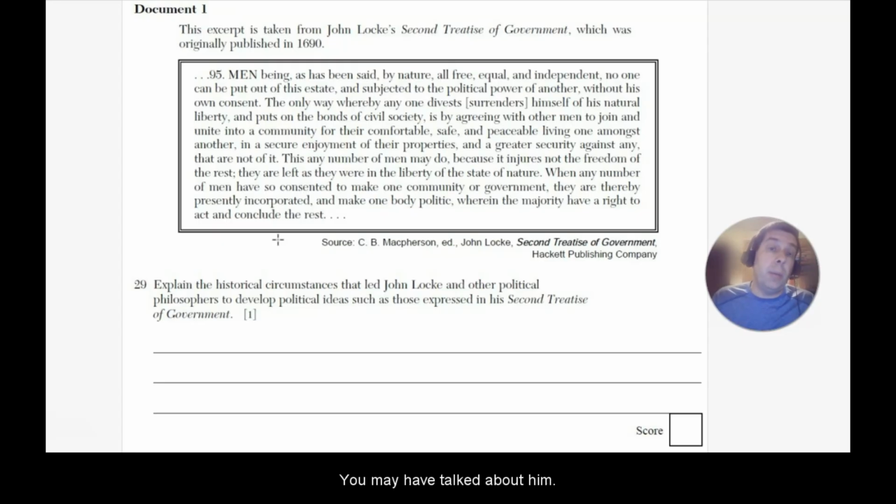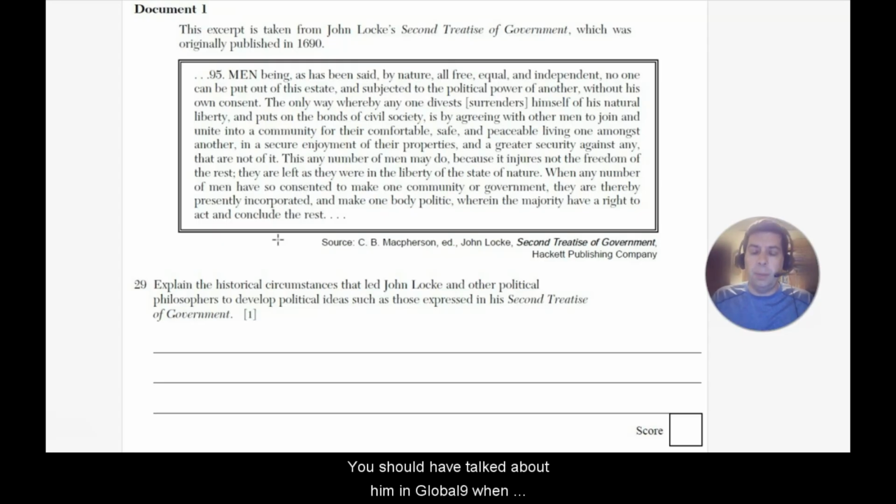You should have talked about him in Global 9 when you talked about the Age of Absolutism and divine right monarchs. So it's out of that and the prevailing governments, mostly, not entirely, but mostly that type of government in Europe.